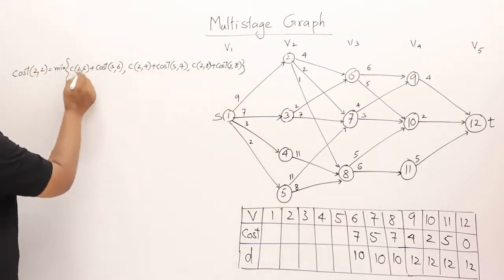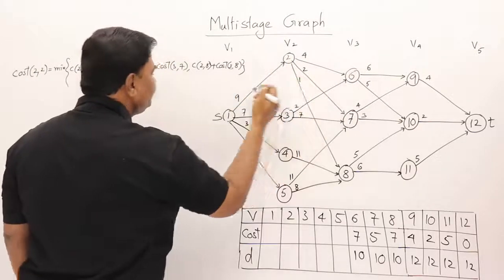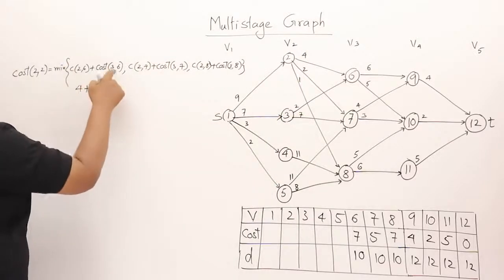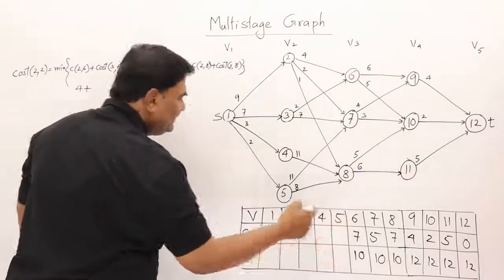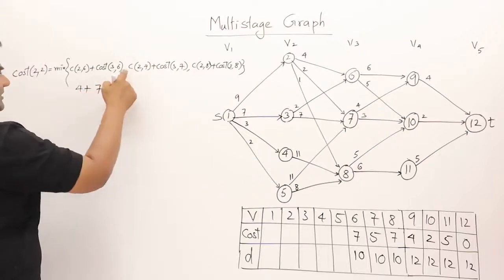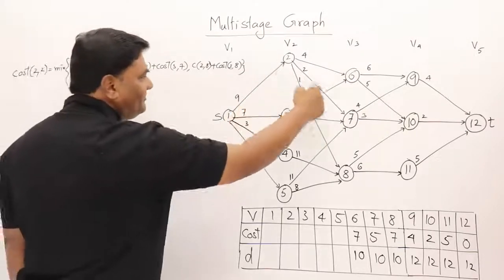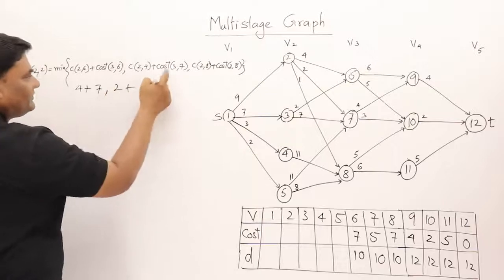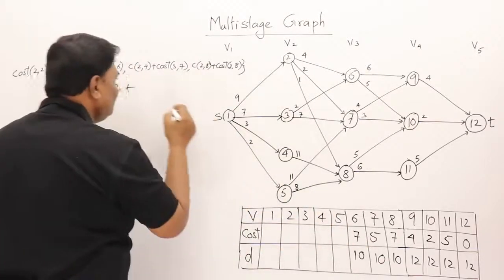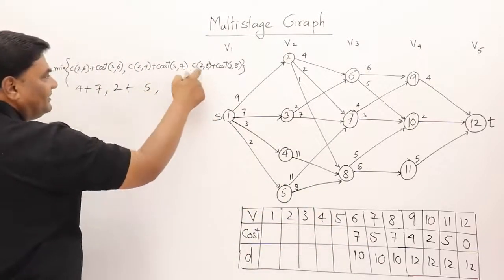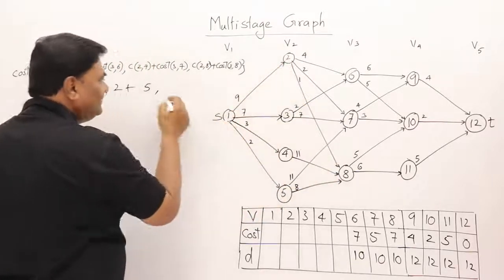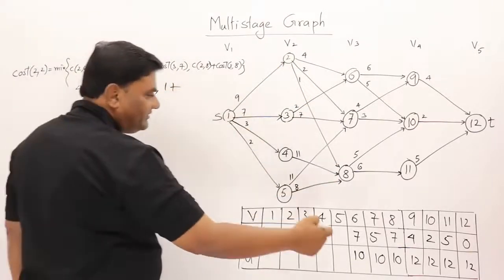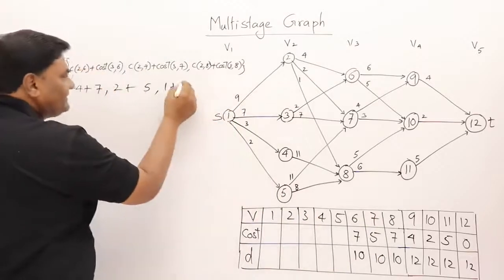See, this one is how much? Cost of edge 2 to 6 is 4 plus cost of 6 is 7, comma, cost of edge 2 to 7 is how much? 2 plus cost of 7 is 5, comma, C of this one is 1 plus cost of vertex 8 is 7.